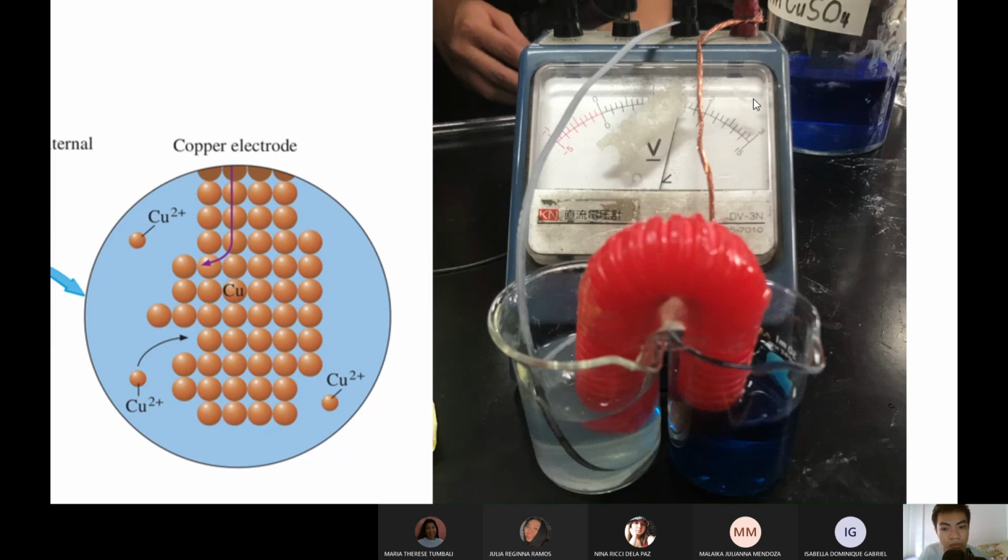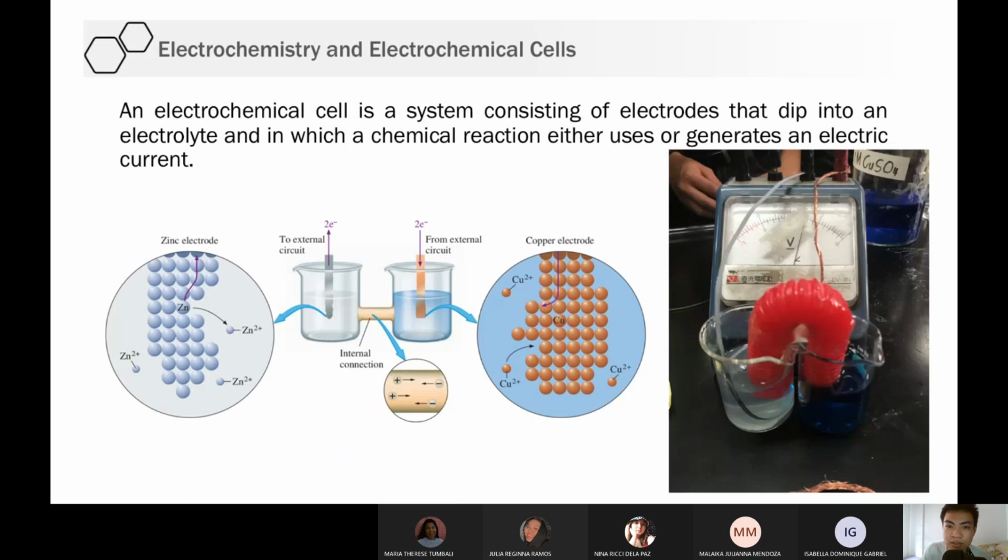But we were unable to power up an LED light because our current was not enough. Okay. So if we create a series of these, then maybe we can power up an LED. But our cell's electricity production was not enough, so we could not light an LED, just the voltmeter.